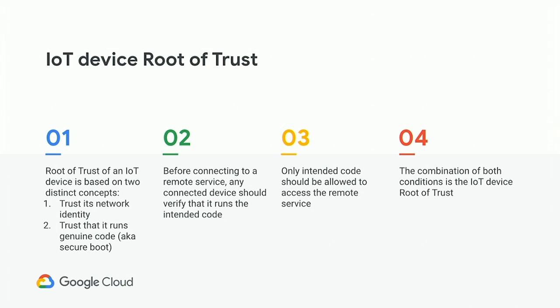Before connecting to any remote service, you need to make sure that the device runs the code it's supposed to be running. Only the combination of those two attributes makes the device secure. And that's what we call the root of trust for a connected device.